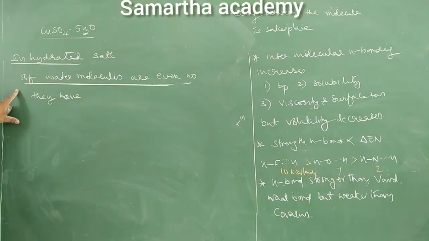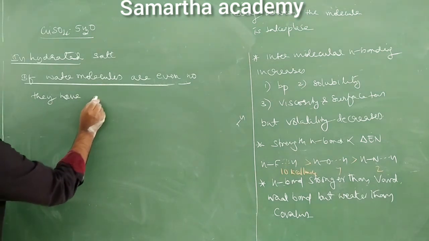What is the meaning of hydrated cation? They have which bond? Dative bond. Directly you can write dative bond.